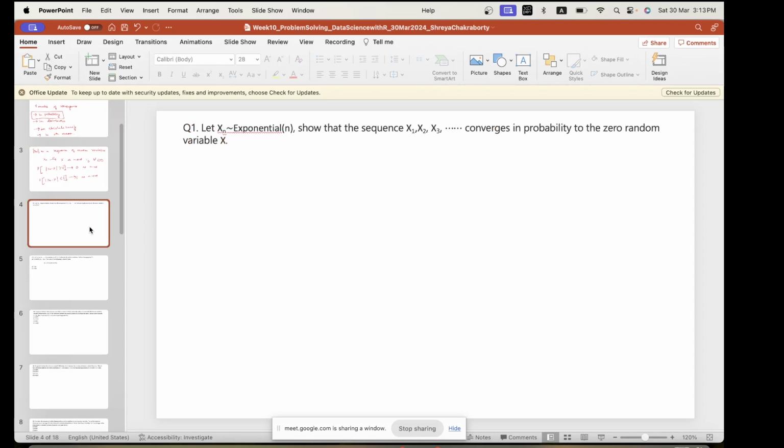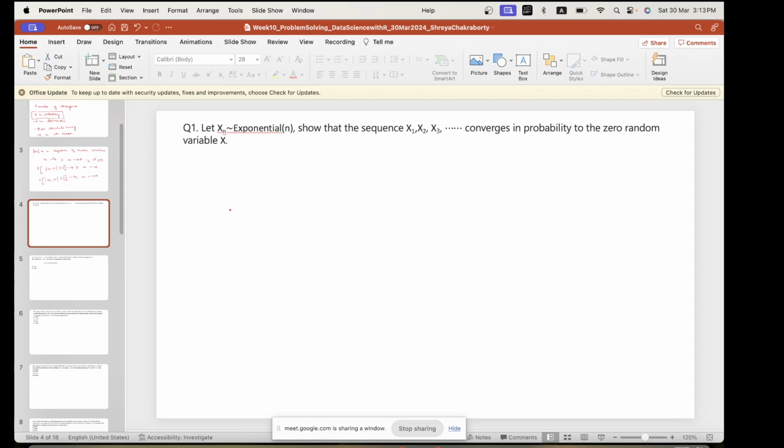Let's say you have a random variable such that Xn follows exponential n. Then we have to show that this sequence of random variables converges in probability to 0.